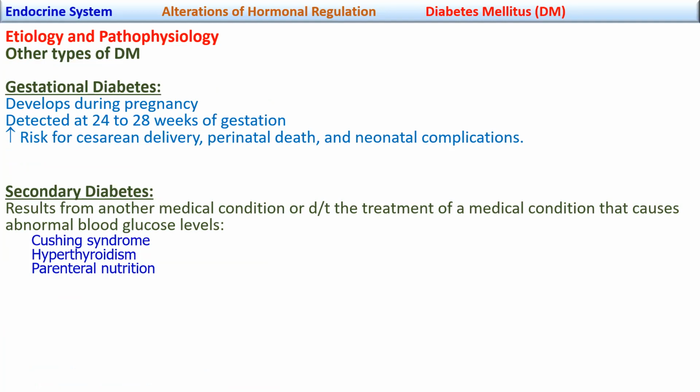Gestational diabetes is a form of glucose intolerance diagnosed during pregnancy. It occurs most frequently among African Americans, Hispanics, and Native Americans. Other risk factors include obesity and family history of diabetes mellitus.